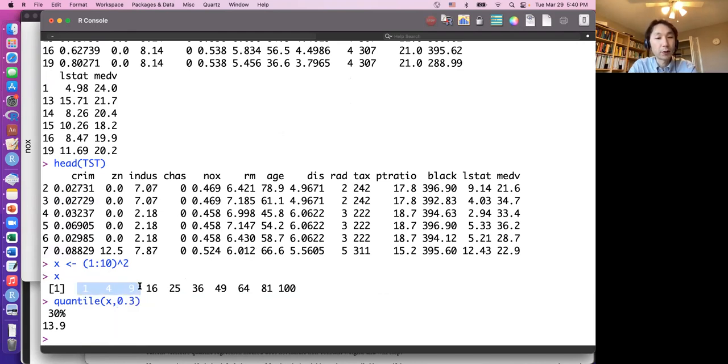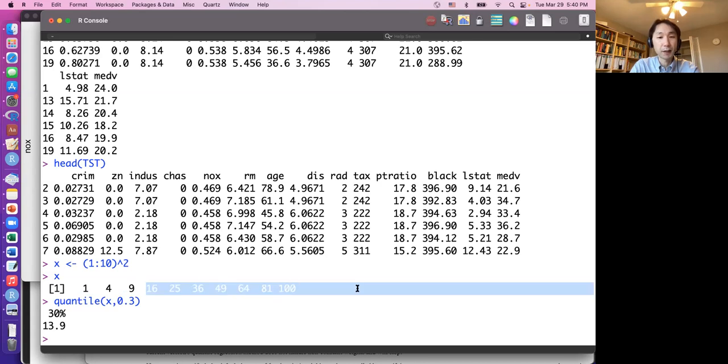So these 3 observations are below this point, and the other observations are above it. There are many definitions to decide which value to take between 9 and 16. We have 7 definitions in R, with a default value. Then 30% of observations are below this and 70% above.